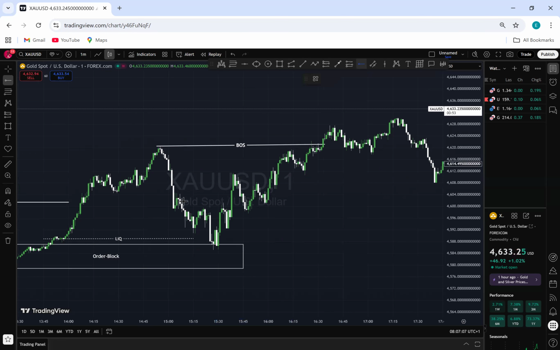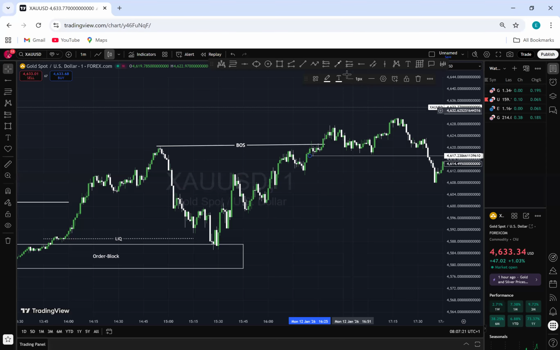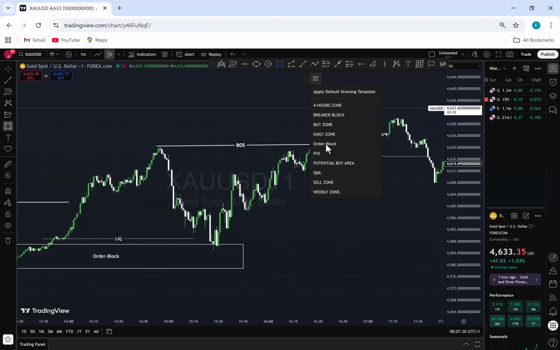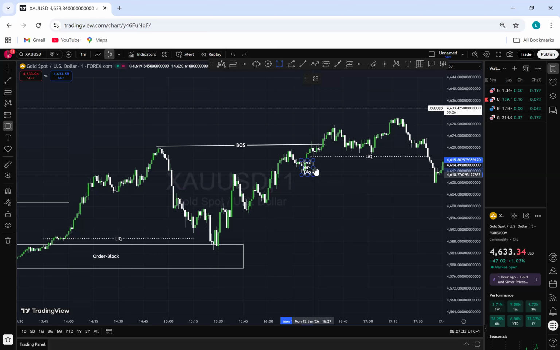So let's look at price from this range now, from this range up to this guy. We have, well, let's do the normal thing, which is a break of structure, and then we want to look for what? Liquidity. Sorry. We want to look for liquidity, which is this, and then a POI, which would be this, right? That would be our first point of interest.